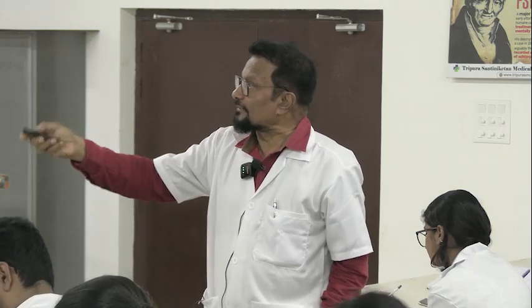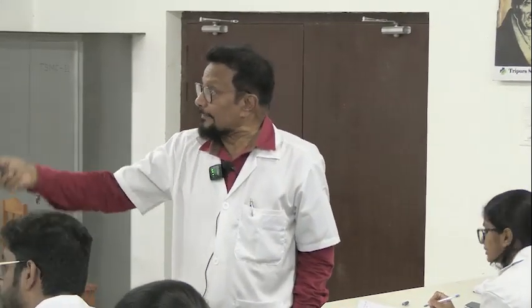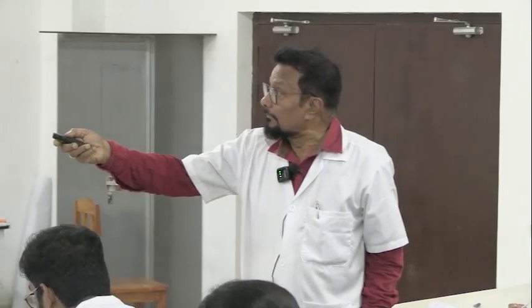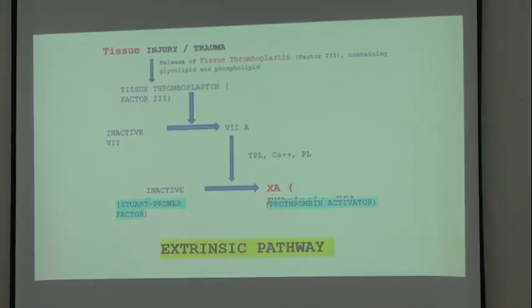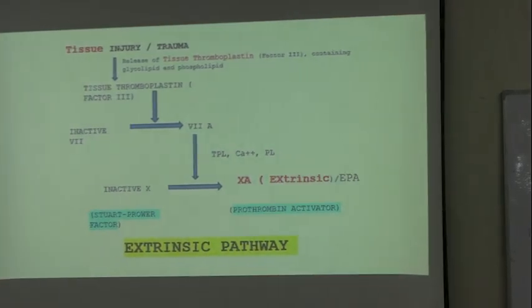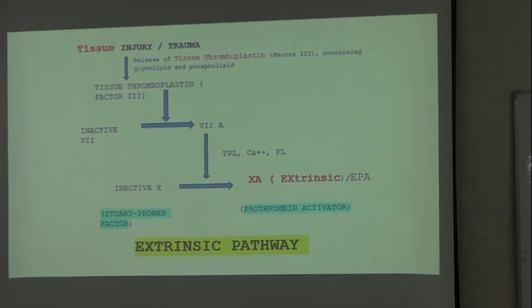In the first phase, this tissue thromboplastin converts factor 7 into 7A. This path is very simple. Then factor 7A, as an enzyme, converts the inactive Stewart-Prower factor 10 into active 10, that is prothrombin activator.